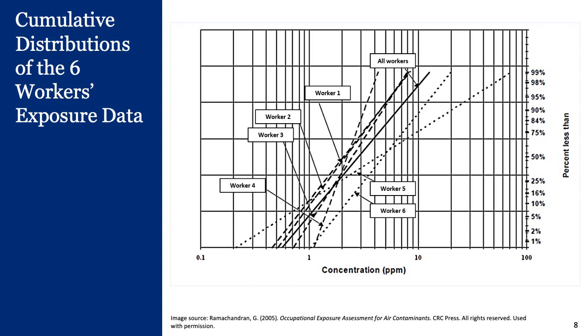We further see that for workers 1, 2, 3, and 4, the straight lines are all clustered together, whereas for workers 5 and 6, those straight lines are a little bit farther away from the first cluster. And we can see that they, in fact, are significantly different, even visually, from the first 4 workers.